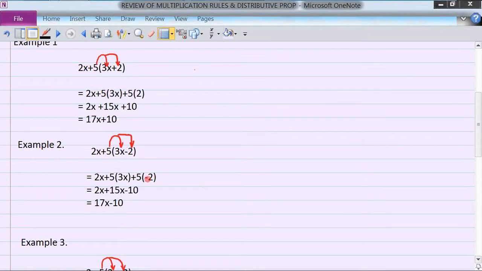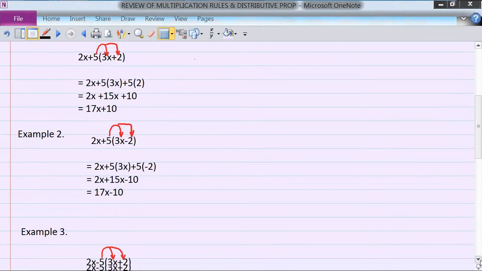The signs are different, so that gives us minus 10. Here the signs are the same, so we get plus. 2x plus 15x is still 17x, but here we have minus 10 instead of plus 10 because of this minus here.